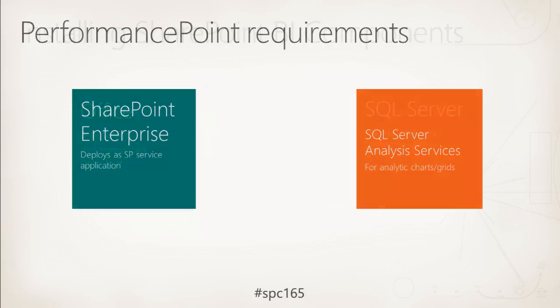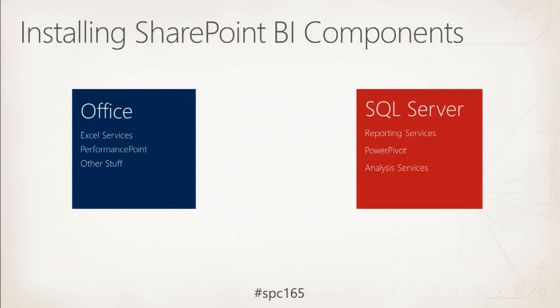All right. So we're going to walk through a few screens and just show you some of the steps required in setting this up in your farm. But I do want to point out that some of these assets come from the Office team, and some of these assets come from the SQL Server team. All right? The stuff that comes from the Office team is going to be on the SharePoint disk, and we're probably already familiar with it. Excel services and Performance Point, being SharePoint administrators, we kind of know this stuff.